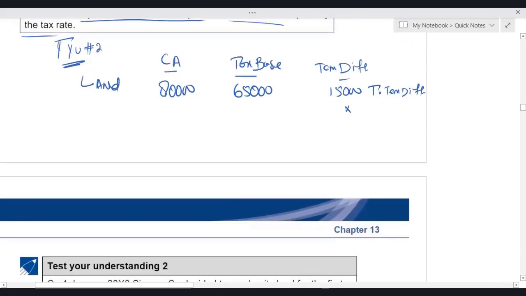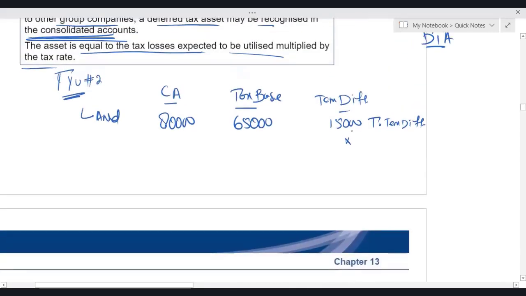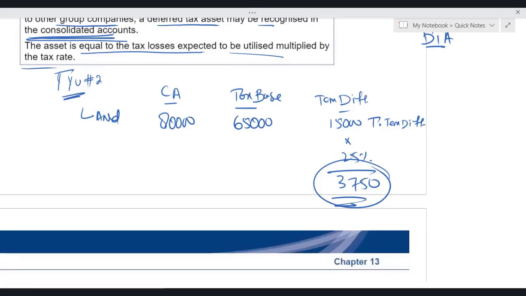Out of this 27,000, don't forget 15,000 difference is coming because of the revaluation surplus. 15,000 into 25%, can I say 3,750? This much liability, which is 3,750, will be charged to revaluation surplus, because when deferred tax liability arises from revaluation, it will be charged to revaluation surplus.